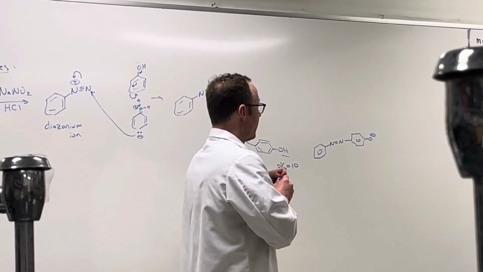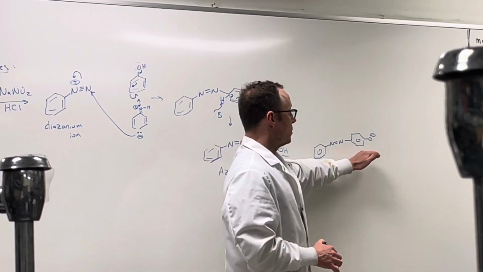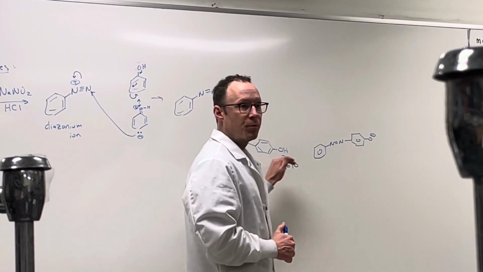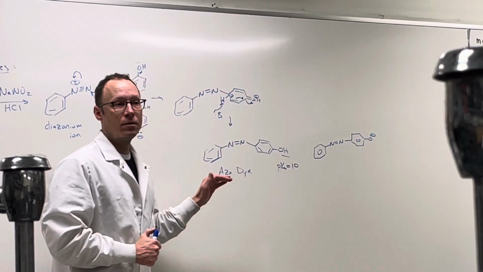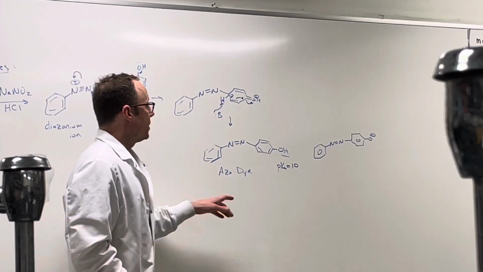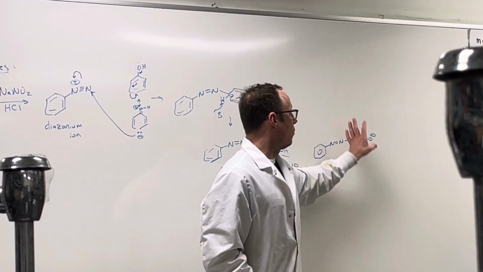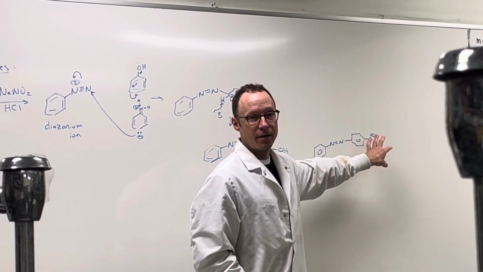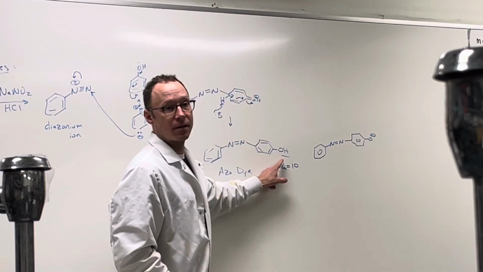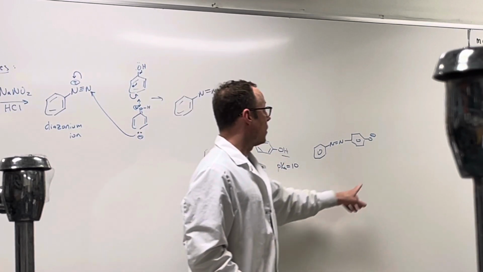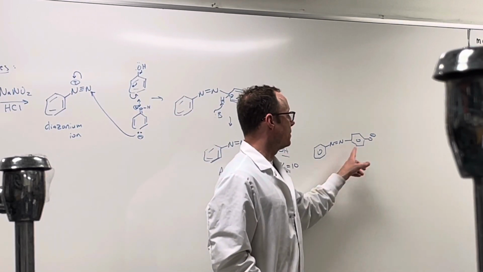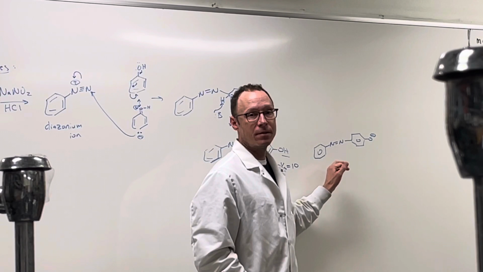Now, theoretically, that should have an impact on the absorption of this dye molecule, right? Because this thing in its deprotonated form has a whole lot more electron density on the oxygen than it does here. Meaning there's a whole lot more electron density being pushed into this system.